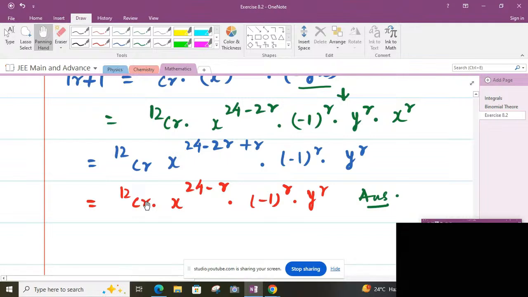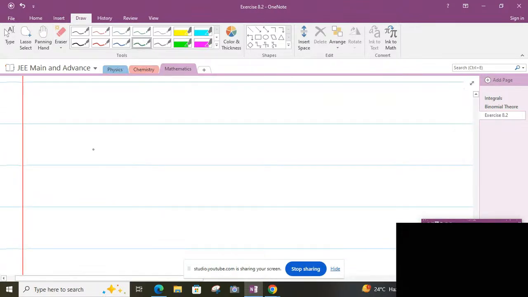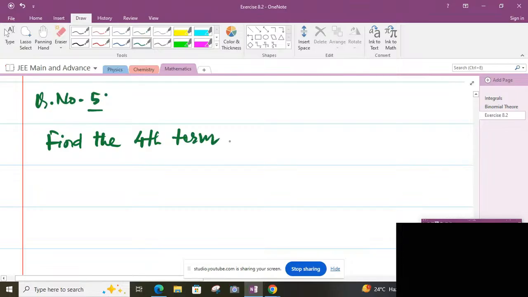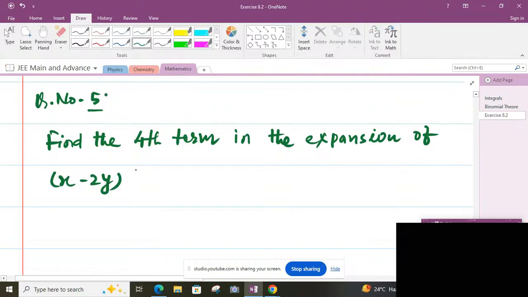Question number 5 asks us: find the fourth term in the expansion of x minus 2y to the power 12. Let's see the solution.